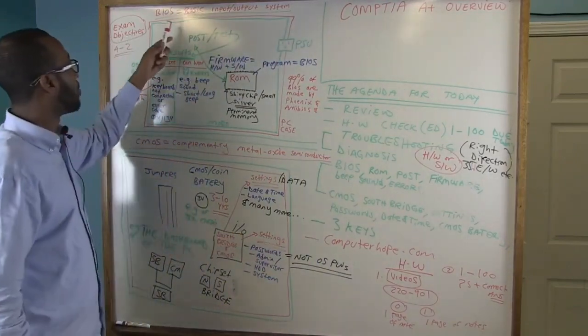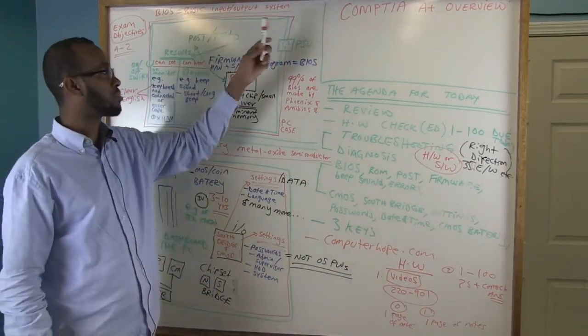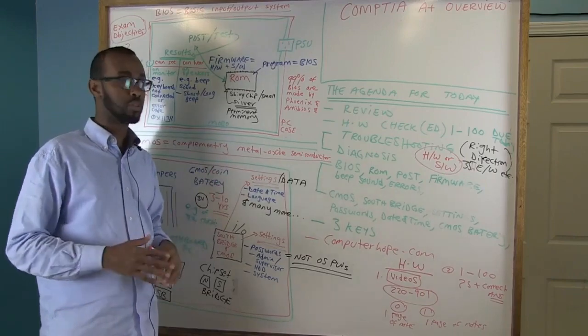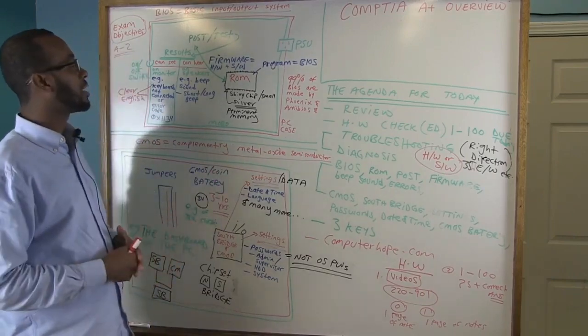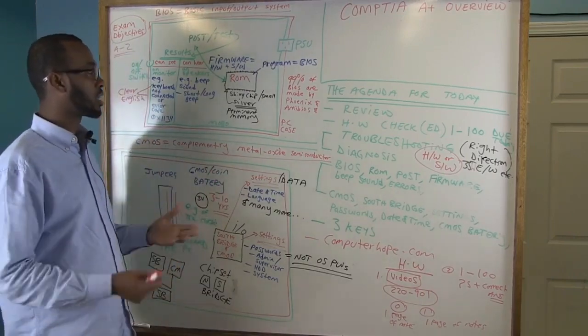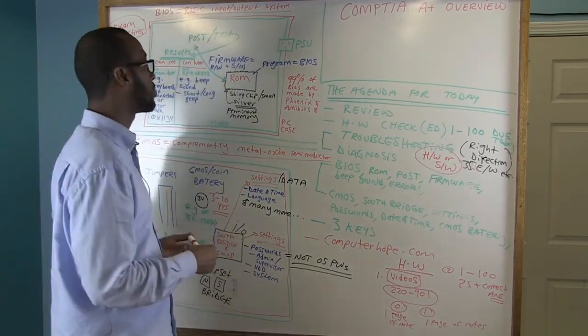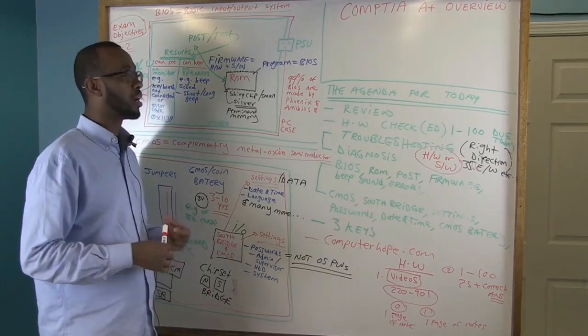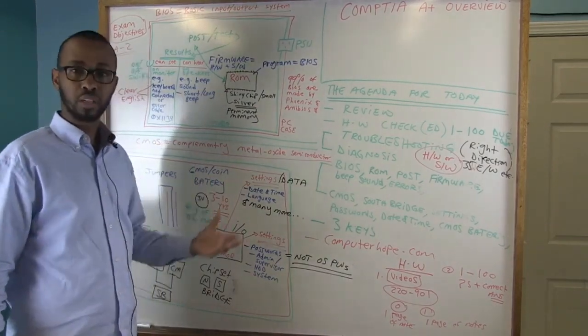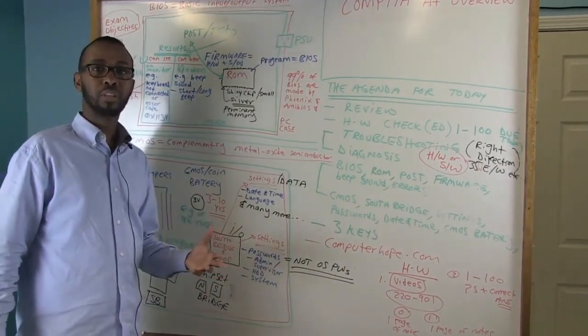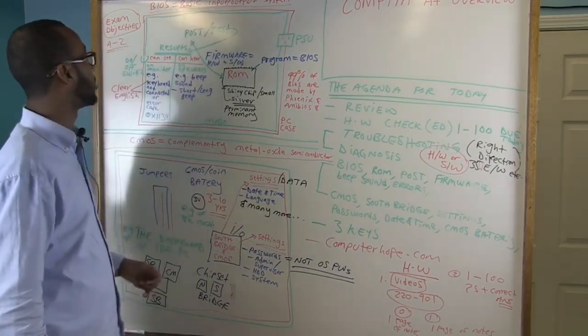So basic input-output system. So it's dealing with the input and output. Example of that are all the hardware, like all the peripherals, the IOs, the inputs and outputs. Also hard drive, optical drive, floppy drive, all of that good stuff.